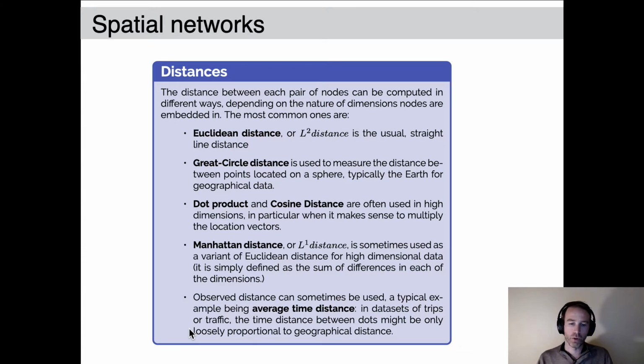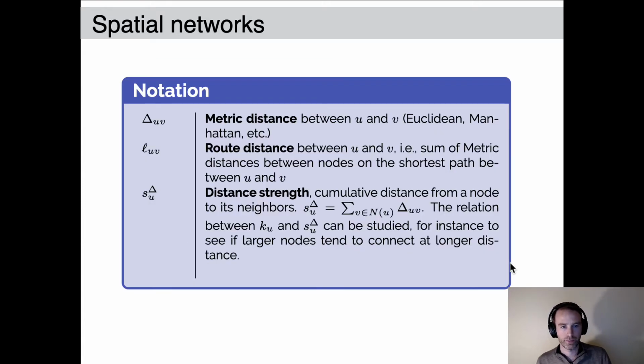Instead, you can measure the average time taken by people to go from one point to another, and you can take this as a notion of distance. The problem with that is that you won't really respect a metric space, but you can nevertheless work with this kind of distance if you have the data.